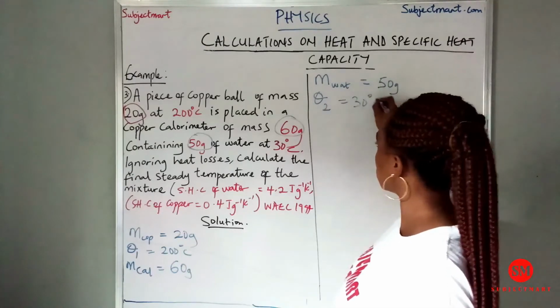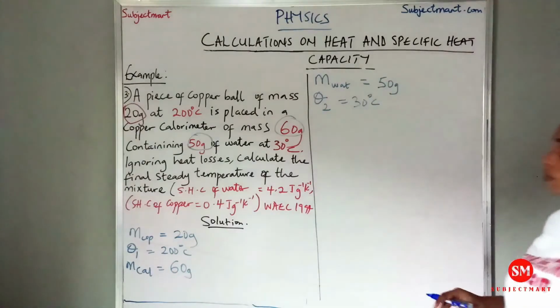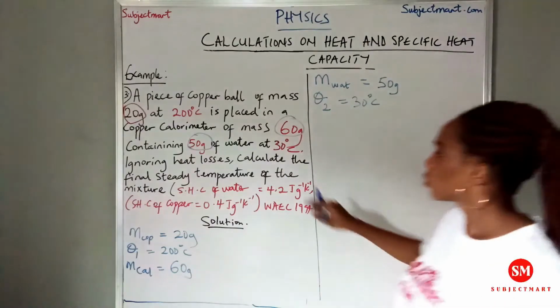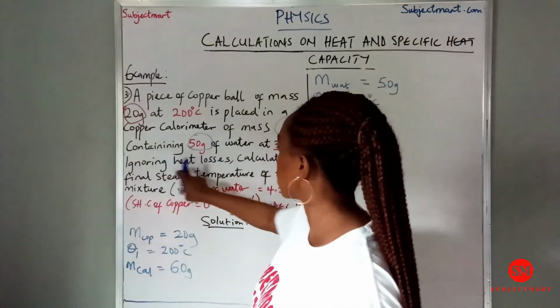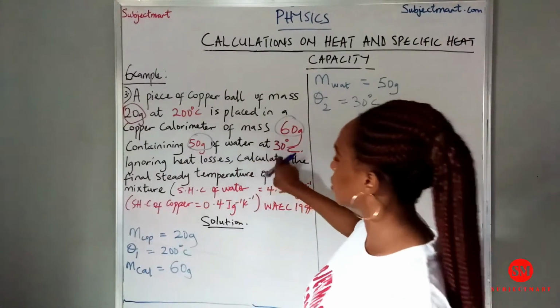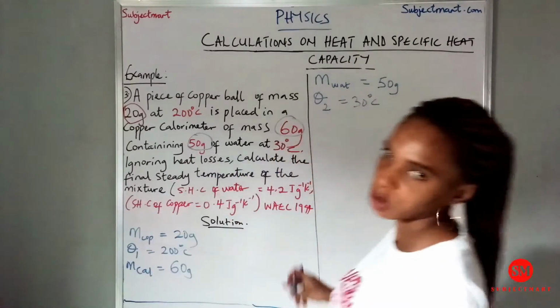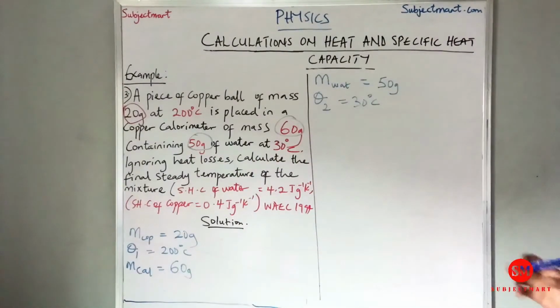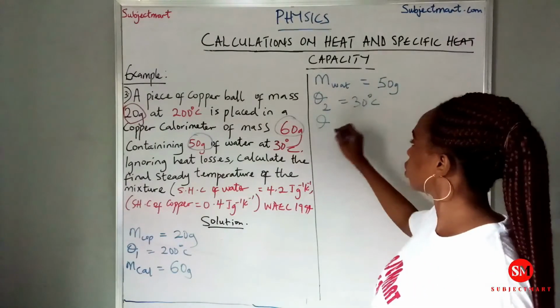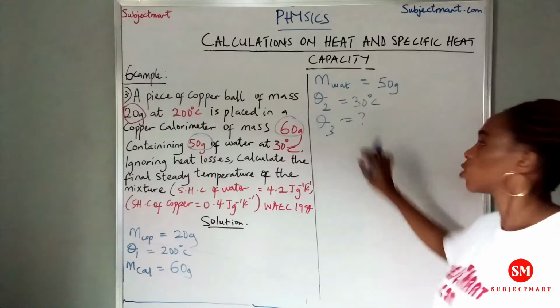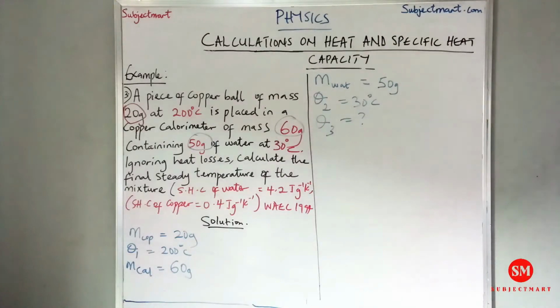Theta 2 is 30 degrees C, the second temperature. So ignoring heat losses, calculate the final steady temperature of the mixture. You recall that I said final steady temperature is our equilibrium temperature, which is theta 3. So the question is asking us to calculate theta 3.